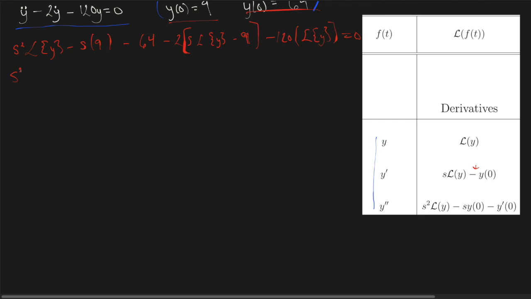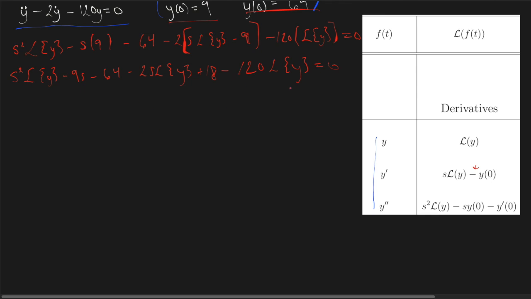So we're going to get s squared Laplace of y minus 9s minus 64 minus 2s Laplace of y plus 18, which comes from factoring this number through, minus 120 Laplace transform of y is equal to 0.